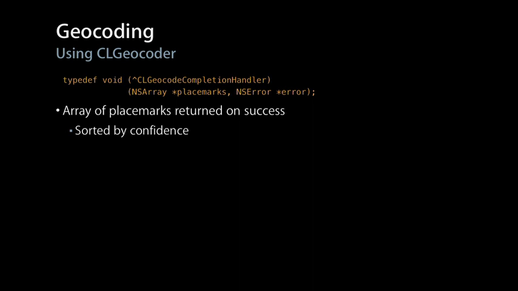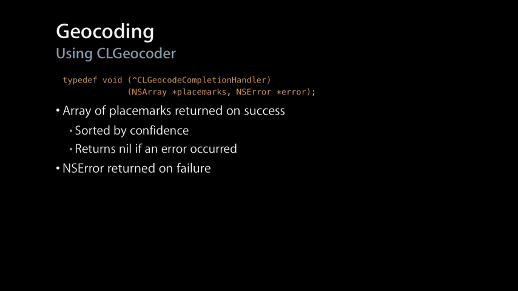Based on the information that our geocoder receives, we may have found several locations that we think will work. So they will be sorted by how confident we are that the result is what you wanted. Now, if no result could be found, we're going to return nil. Additionally, if an error occurred, an NSError will be returned on failure.